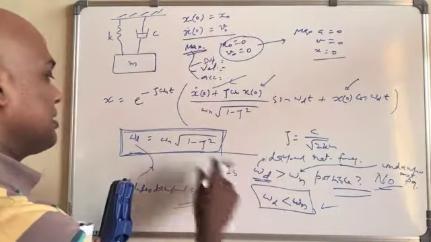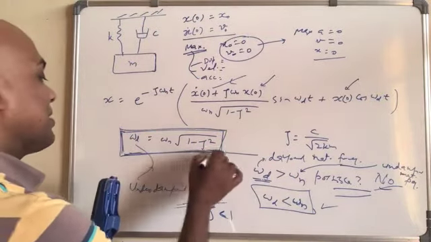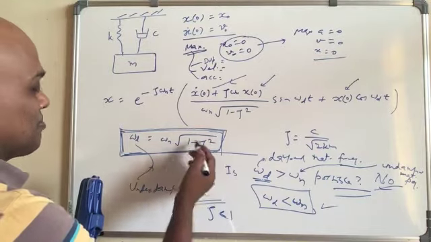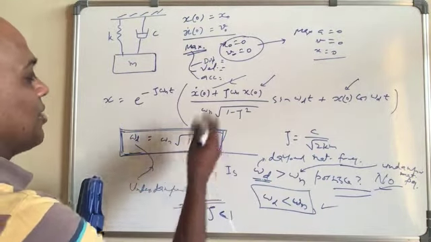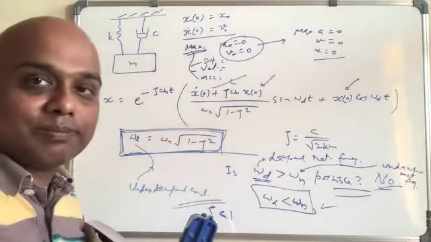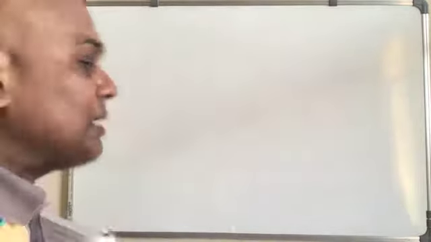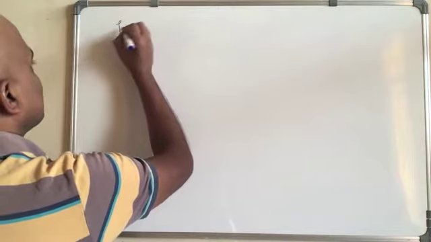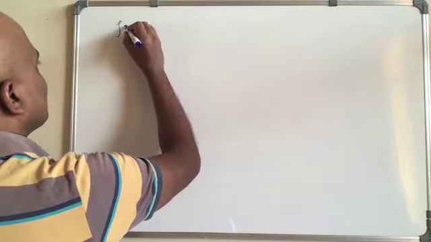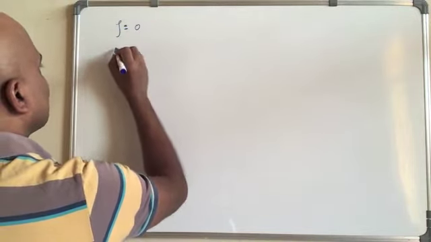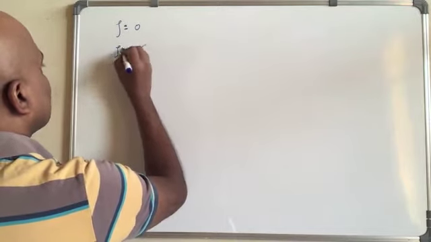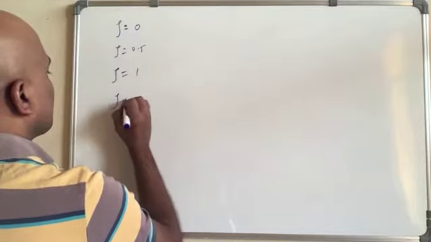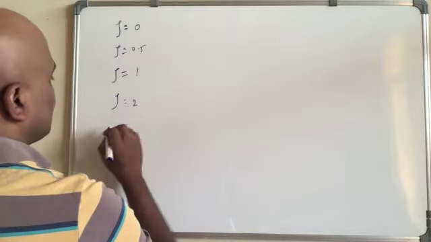So this also tests whether you understand whether zeta can be greater than 1, less than 1, and so on. Then there was some question in which zeta is given: zeta equal to 0, zeta equal to 0.5, maybe zeta equal to 1, zeta equal to 2, something like that.